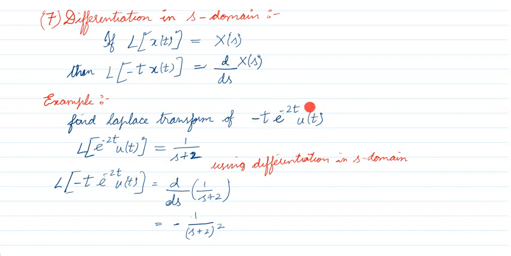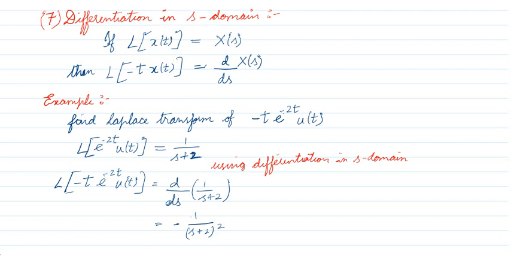We know that the transform of e power minus 2t u of t is 1 by s plus 2. You are asking for minus t into this signal. Minus t into the signal x of t means d by ds of 1 by s plus 2, the differentiation of this signal.